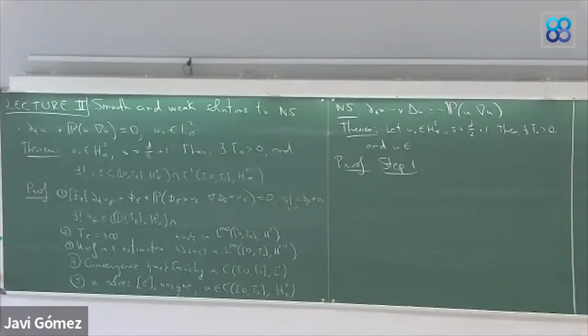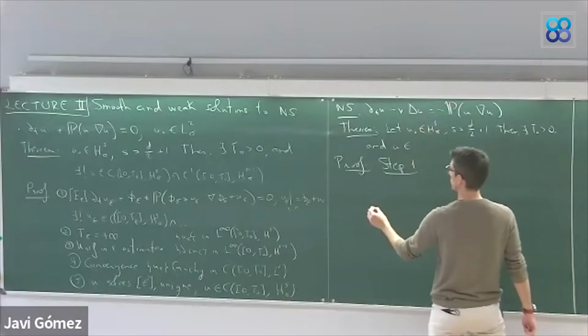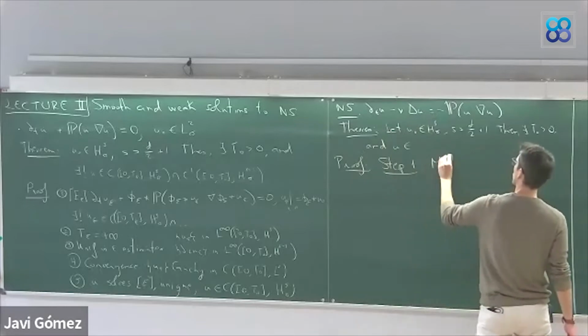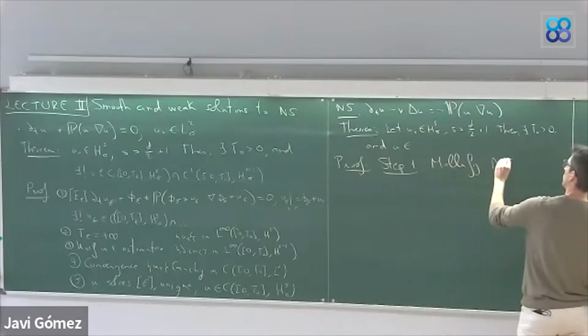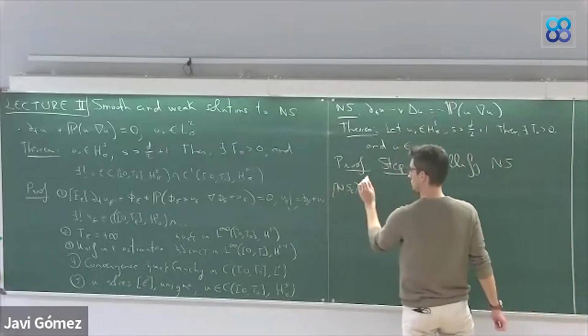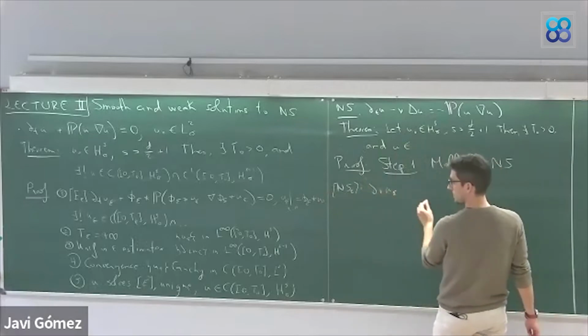Okay, so in the first step, what we did last time was write this equation in integral form, well, the modified equation. So this part I will keep in the same form.